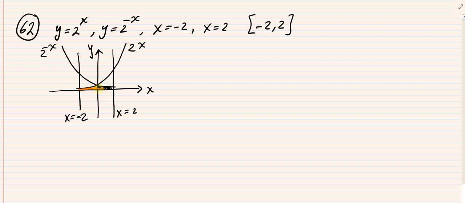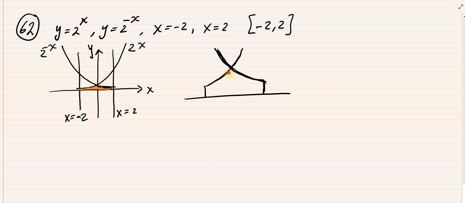It's going to be bounded by these graphs. Now, if I do a better image of this, this is what it's actually going to look like. I wanted you to see exactly what's going on, because my shaded region is so small.